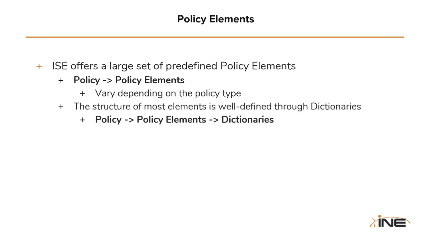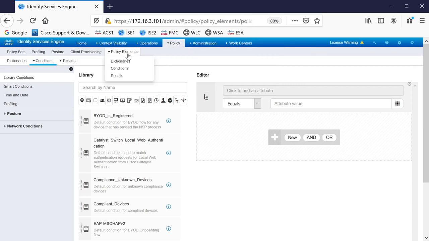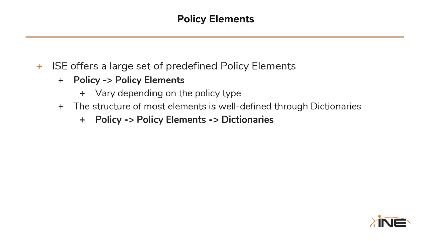Now, an important thing to understand is that most of these elements that you can find here under policy elements, the structure of these is not arbitrary. The structure of these elements is actually made of so-called objects, where objects are defined inside of ISE dictionaries.